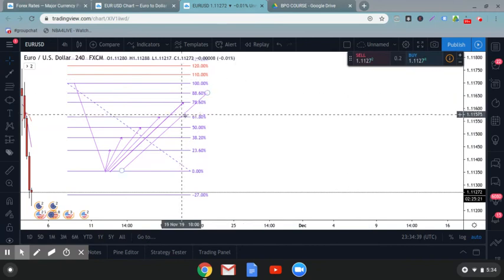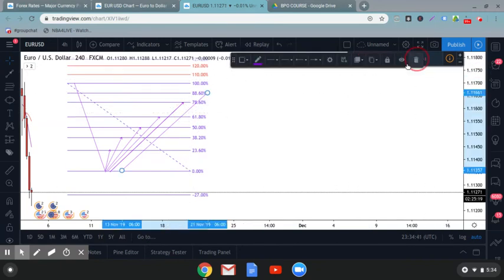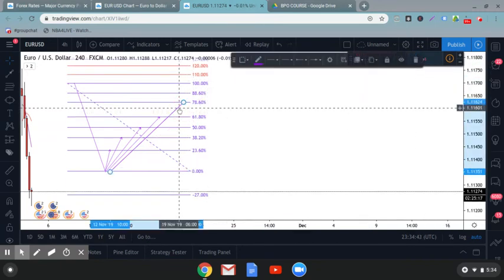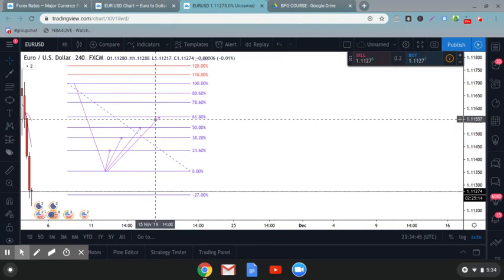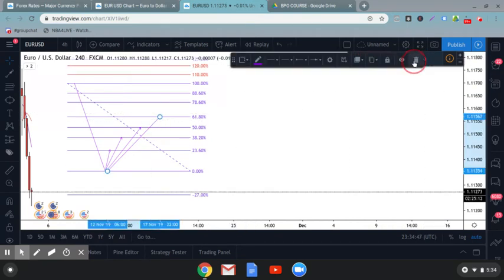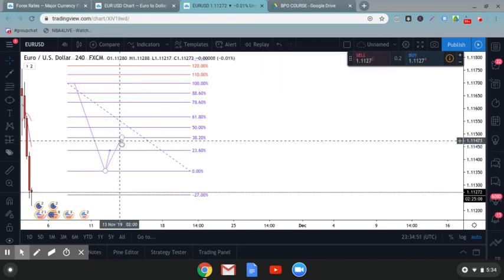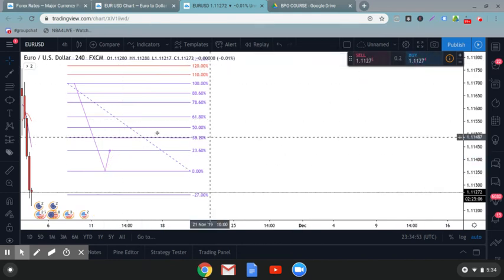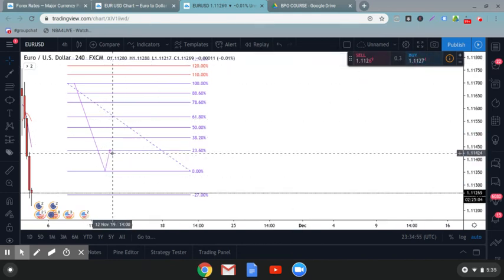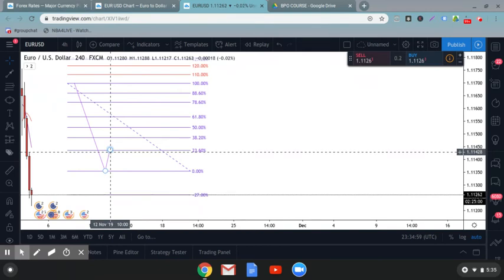What happens is these are all price reversal zones. These are all price reversal zones, so we can expect to see price possibly reverse in these areas, so we always pay attention to them.